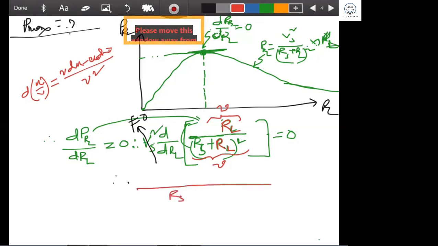If you saw, we can apply this formula. Then we can say the denominator is (RS plus RL) whole square, which will be to the power 4, right?